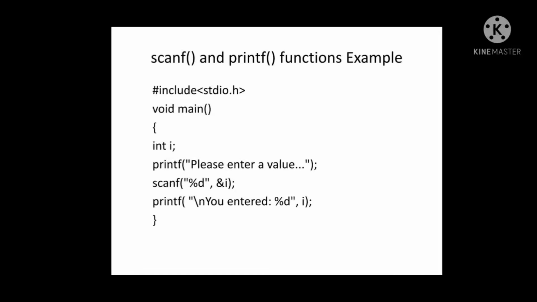The fifth line is reading a value entered by the user. Here %d is a conversion specification that specifies that input variable is of integer type and it is enclosed within double quotes, and ampersand is used to point the address of the variable i. The next line is displaying the number as output.